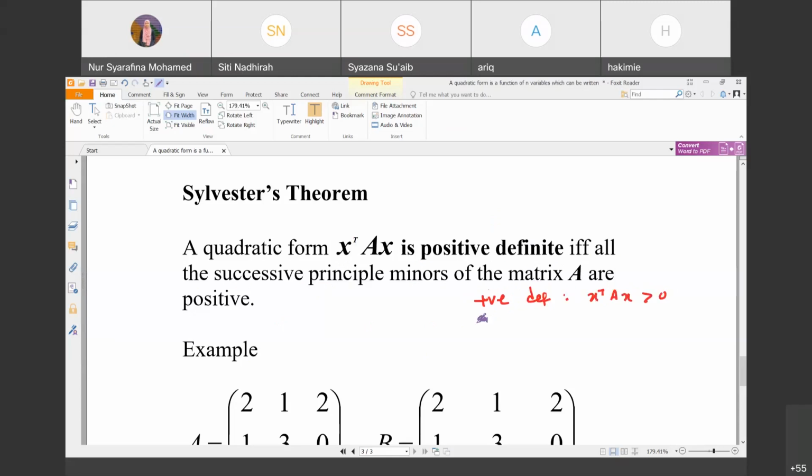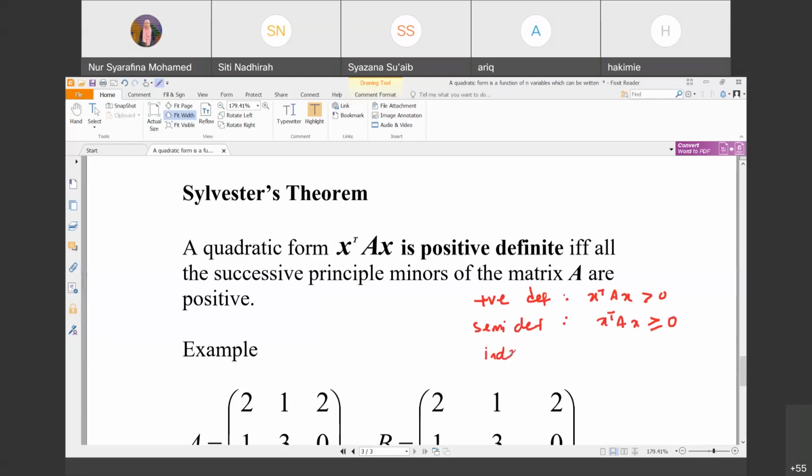For semi-definite, it should be X transpose AX greater than or equal to 0. Maybe there is a positive value and also a 0 value.